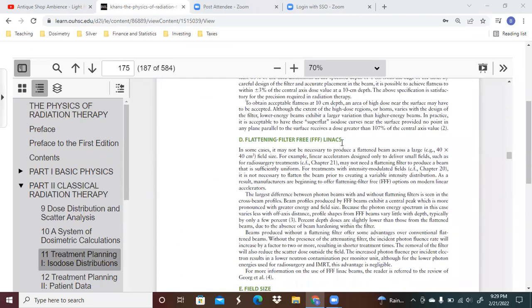What is a flattening filter-free Linac? That is more of a common option. It's a way that you can treat, and the characteristic is that it tends to go a lot faster.